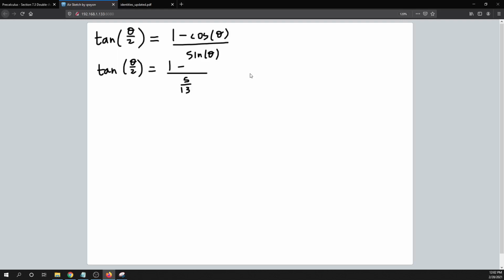All right, so to find the cosine, I'm going to have to go back and use the fundamental identity: cosine squared theta plus sine squared theta equals 1. I know that sine theta is 5/13.